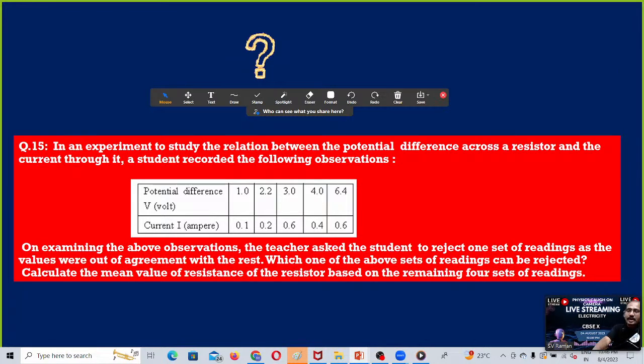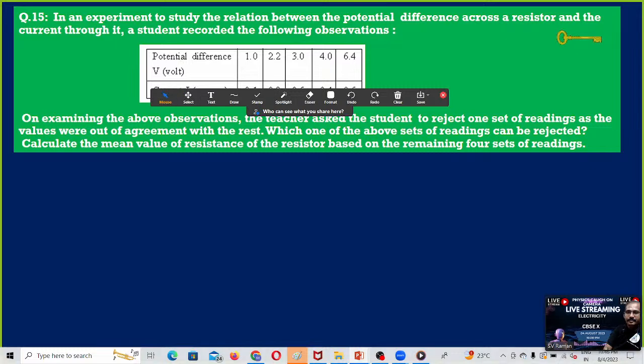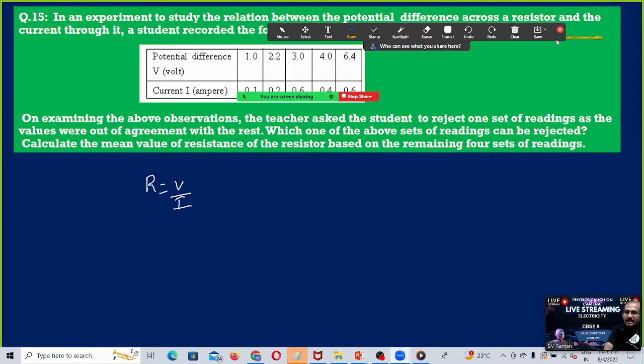So how to answer this question? As you know, R is equal to V by I. We need to find out the resistance because here there are 5 students who completed their Ohm's law experiment and got their records. We need to find out which one is the odd one that we can remove.